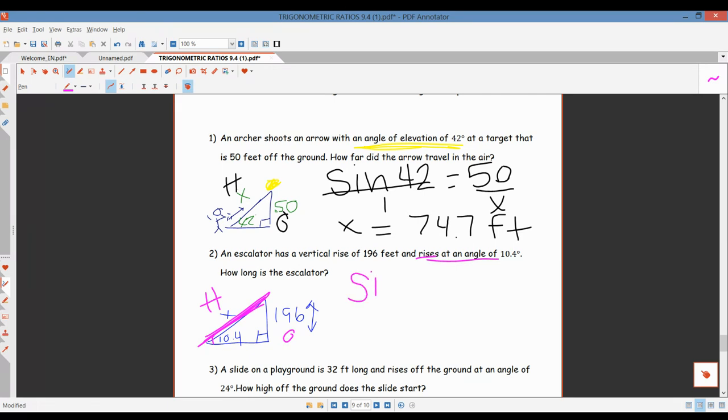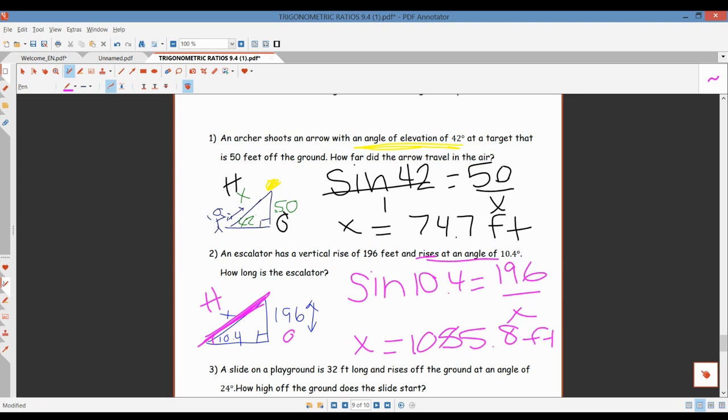So sine 10.4 equals 196 over x. Create your proportion, cross multiply, and solve. And for x, you should get 1,085.8 feet.